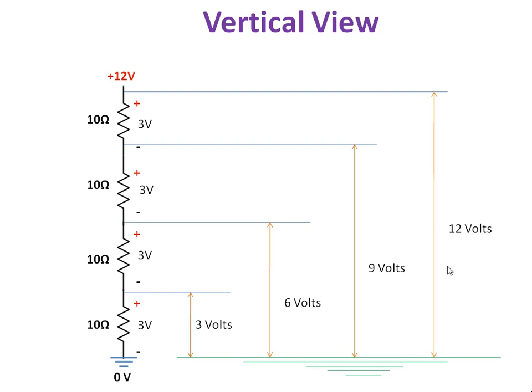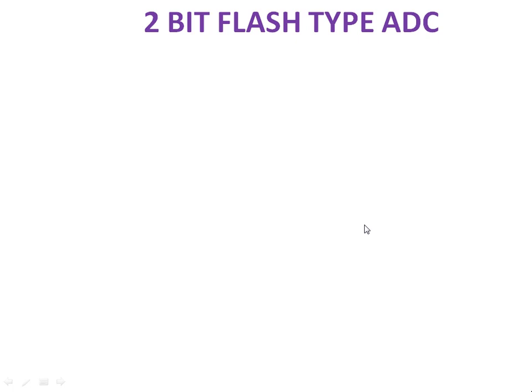So you have to understand the potential or voltage divider rule. If the resistances are equal, then the voltage drop across each resistor is also equal. We will discuss the 2-bit flash type ADC in our next lecture. Thank you.